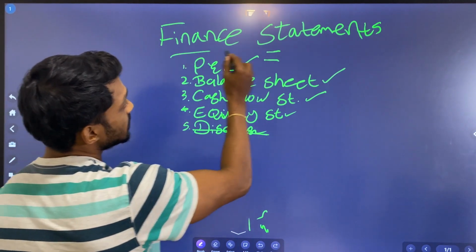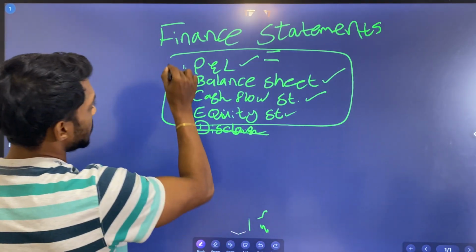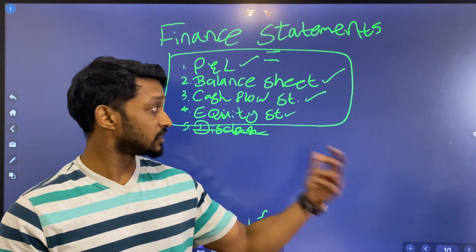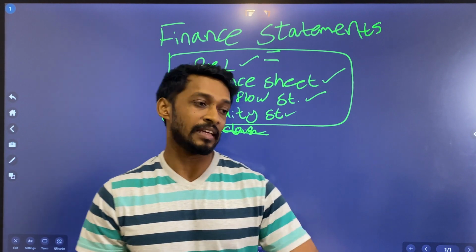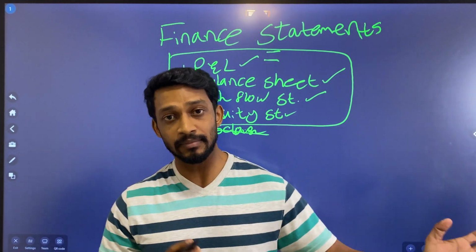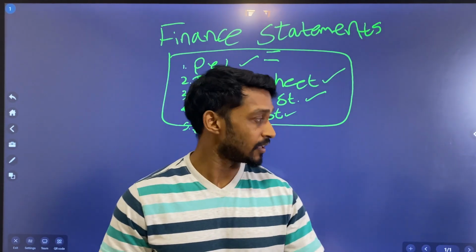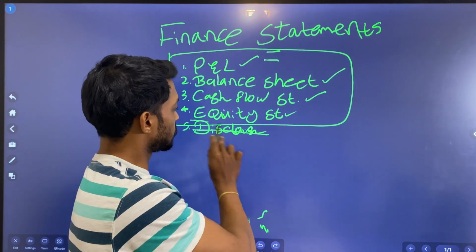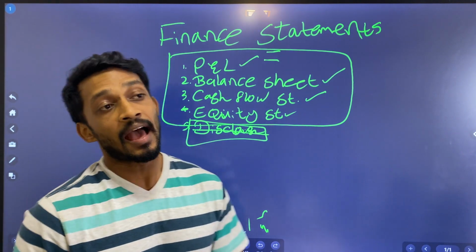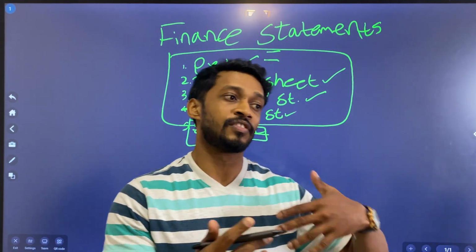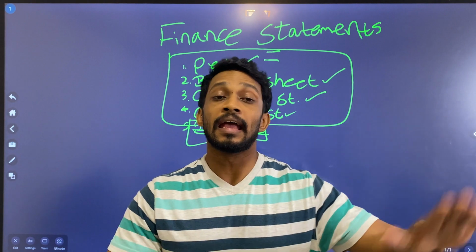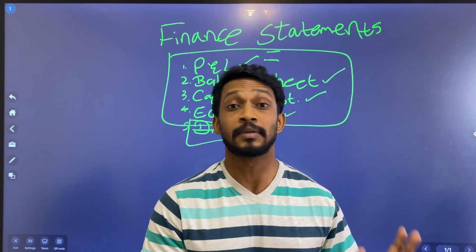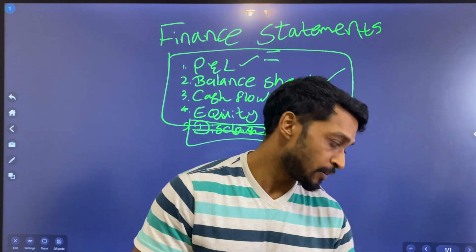So these are the main statements we have to see for every company, whether it's a large scale or small scale company. These statements are mandatory. Disclosures mean the main things which we disclose to stakeholders, especially any acquisitions or disposals, which we have to disclose in the financial statements, especially audited financial statements.